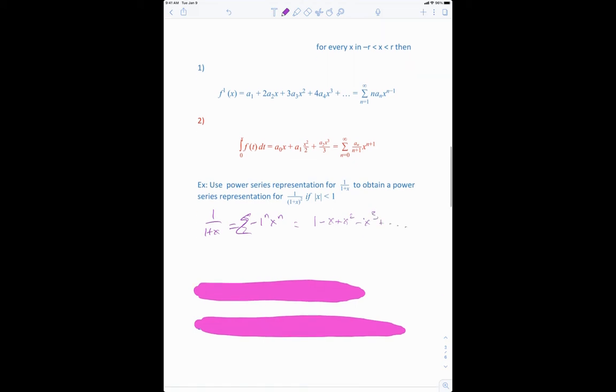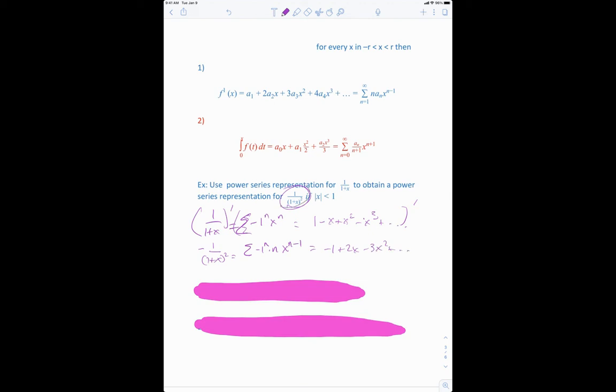So now if I want to get this power series for 1 over 1 plus x squared, I need to know the relationship. If I take the derivative of 1 over 1 plus x, I'm going to prime this and prime that, and you get negative 1 over 1 plus x squared. I take the derivative of this, negative 1 is just a constant, the n drops, x to the n minus 1. I can also do it term by term: 0 minus 1 plus 2x minus 3x squared.